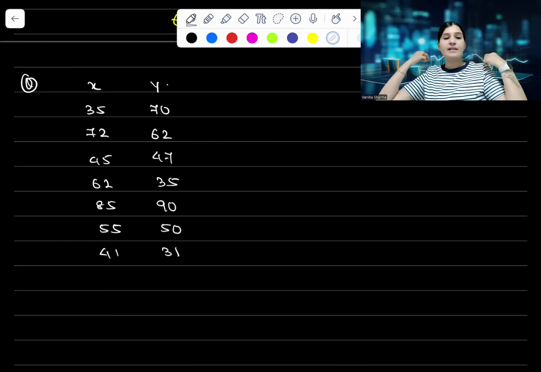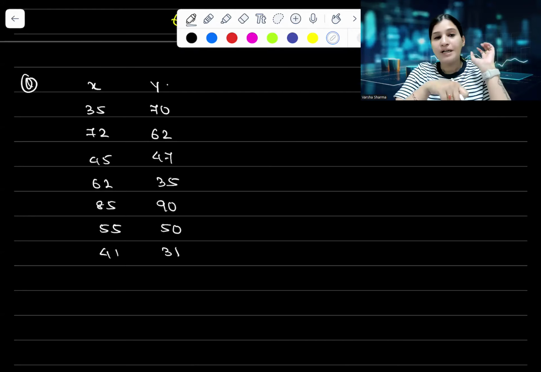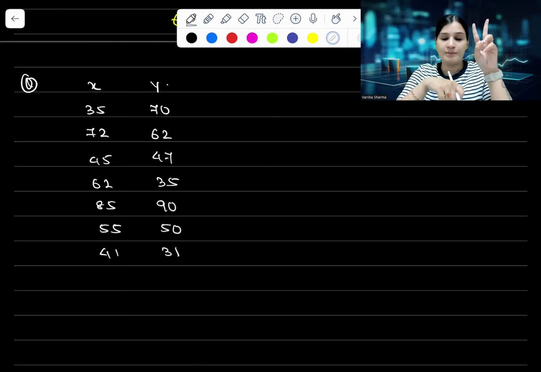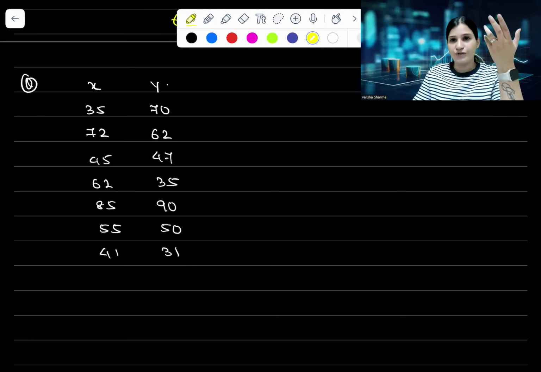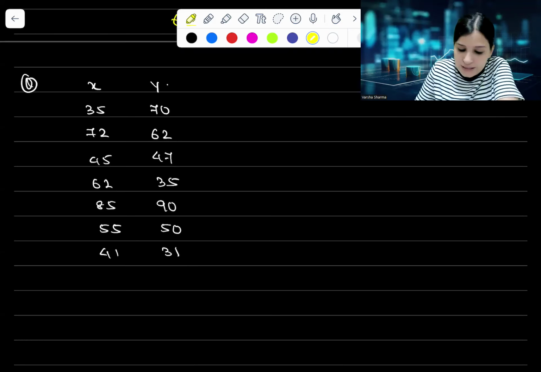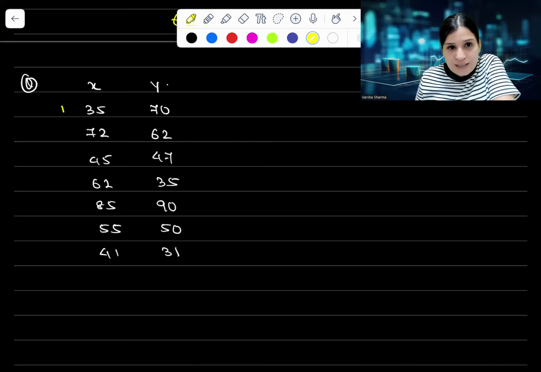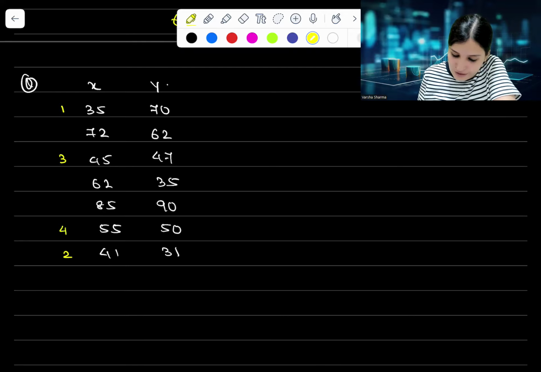Now, you can rank them in ascending or descending order as you please, but if in X we go ascending, in Y also we will go ascending. Whichever you please, but the order has to be the same for both variables. So let's say ascending order from smallest to largest. In X, the smallest score is first, 35, second 41, third 45, fourth is 55, fifth is 62, sixth is 72, seventh is 85.